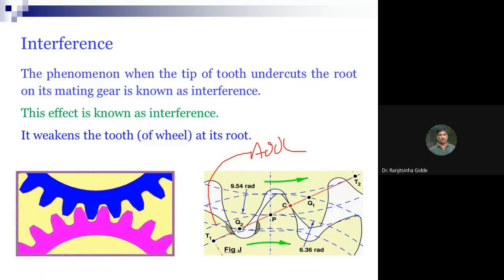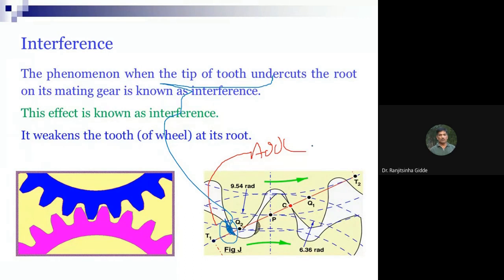Right. So this is the interference, and we need to remove this part. म्हणजे जिथे wherever interference takes place, so that part we are going to remove. हा एवढा पार्ट इथला रिमूव्ह करायचा. That will be considered as undercut.